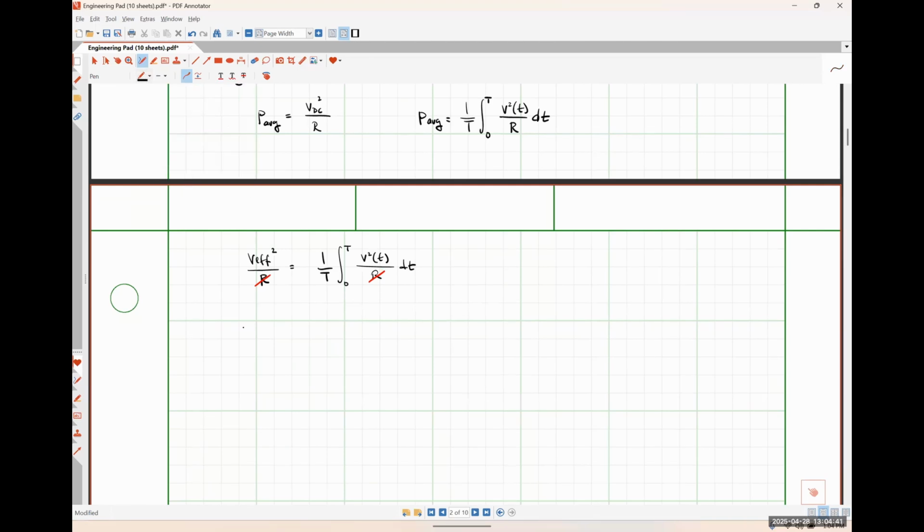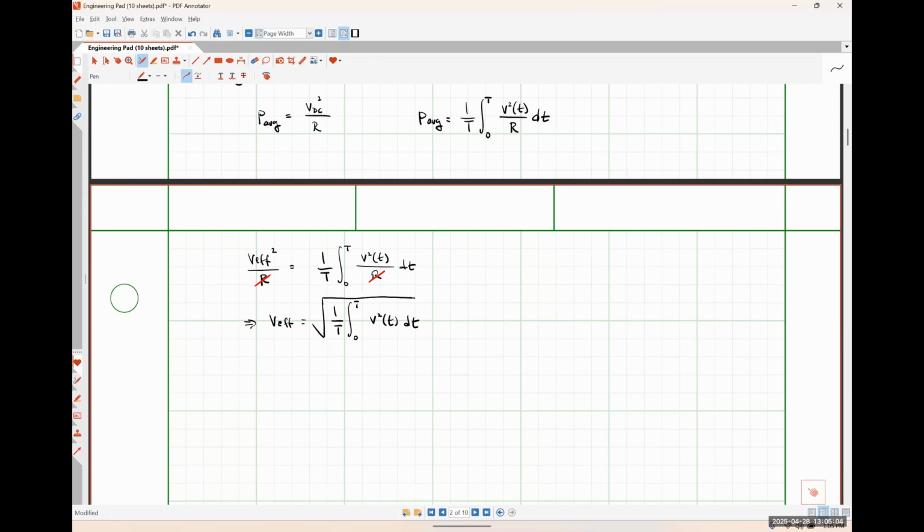So it stands to reason that I could pretty easily determine V effective just by taking the square root of both sides. And so that's going to give me the square root of 1 over t times the integral from 0 to t of the square of my voltage with respect to time.